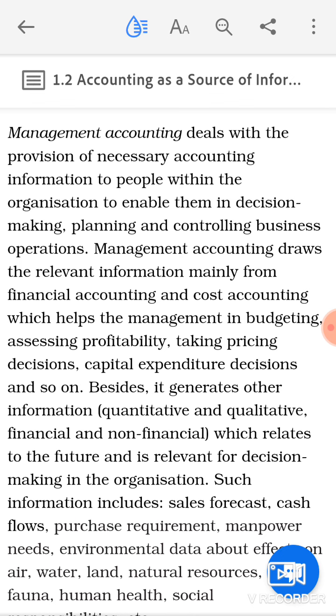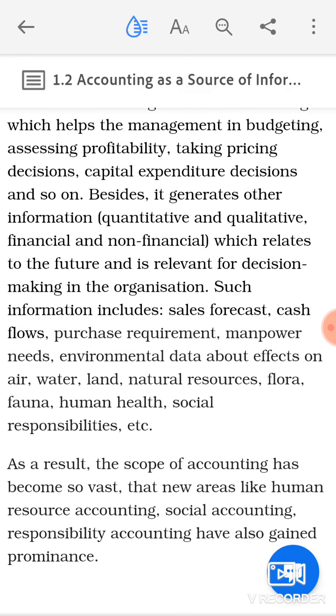So you have to make a complete record of the same, so that you can make out the exact impact of your business on the natural resources like flora, fauna, its effect on human health, social responsibilities, etc. As a result, the scope of accounting has become so vast that new areas like human resource accounting, social accounting, responsibility accounting have also gained prominence.